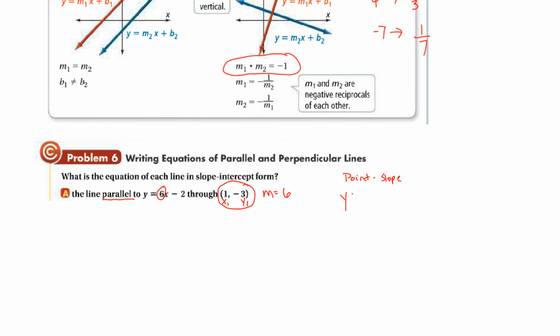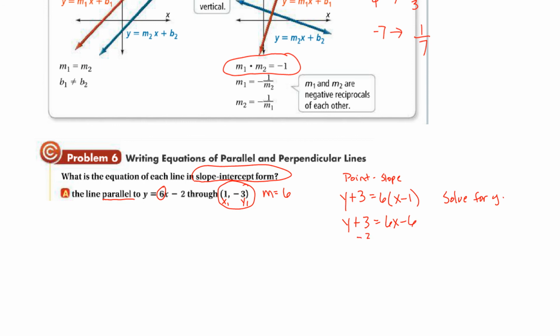y minus negative 3 would make it y plus 3 equals my slope of 6 times (x minus 1). Now they want me to write it in slope-intercept form. So then I would need to solve for y to get it into slope-intercept form. So I do my distributive property.